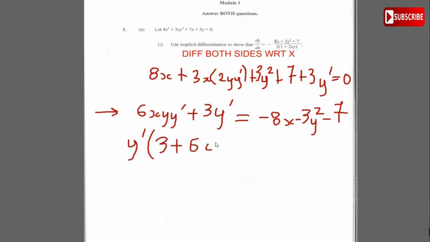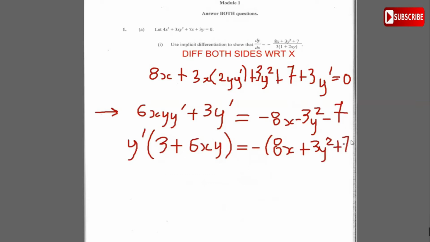So y prime times (3 + 6xy) is equal to, factoring out the negative, minus of (8x + 3y² + 7). This is what we are left with.